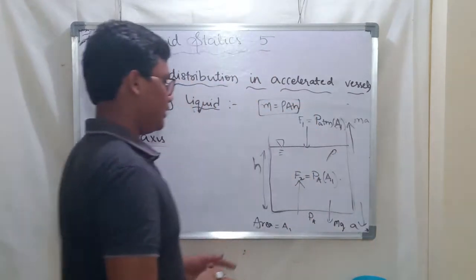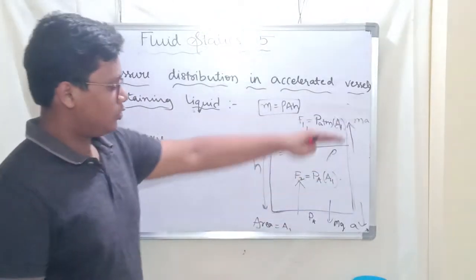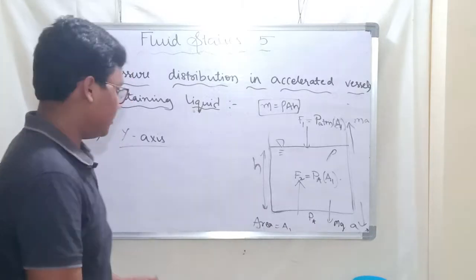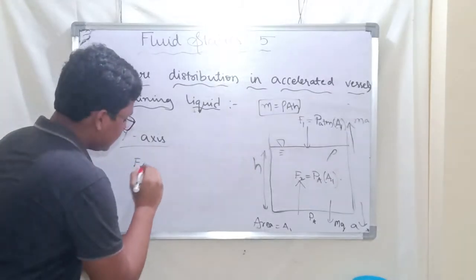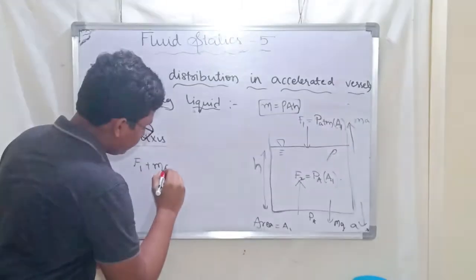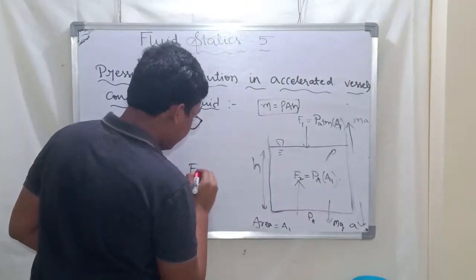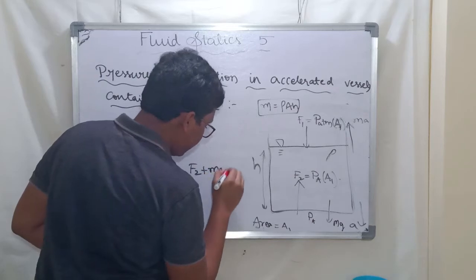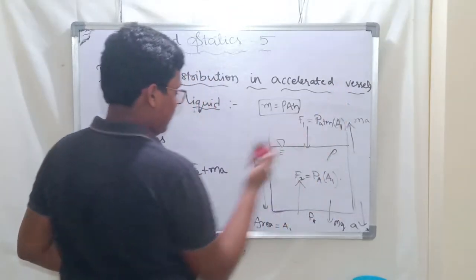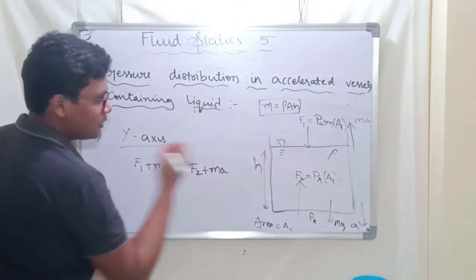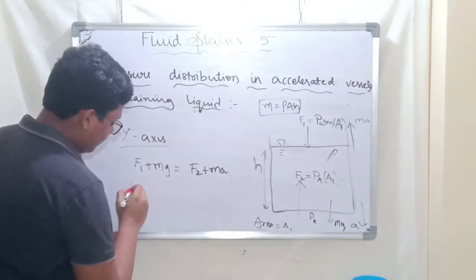See here, two forces are acting upwards and two forces are acting downwards. We will equate those. F1 plus mg, and F2 plus ma. So here we will substitute all those values.